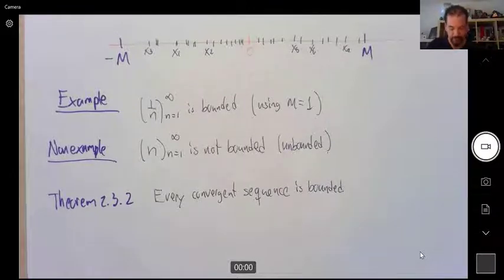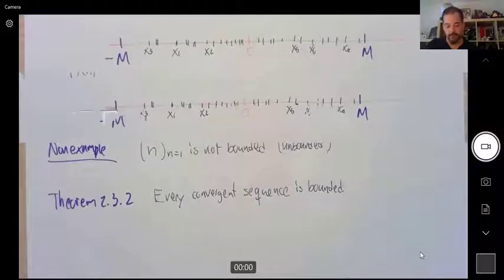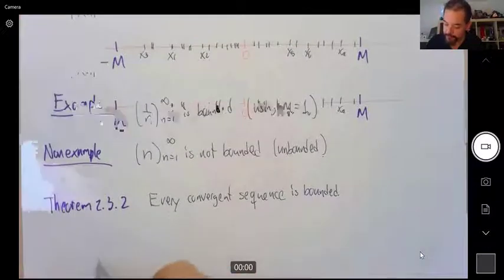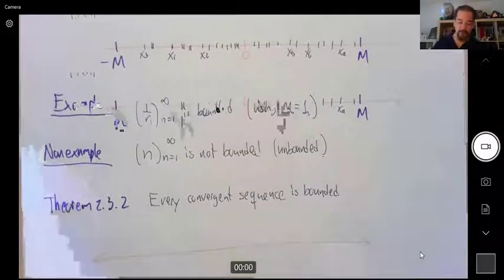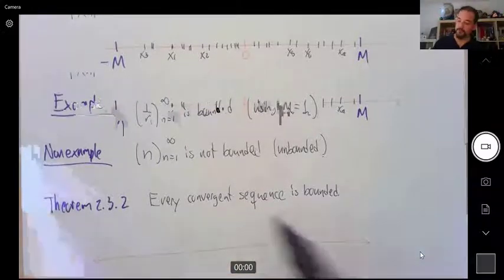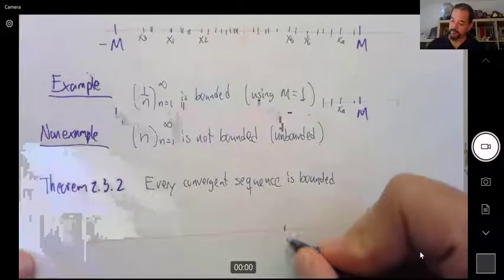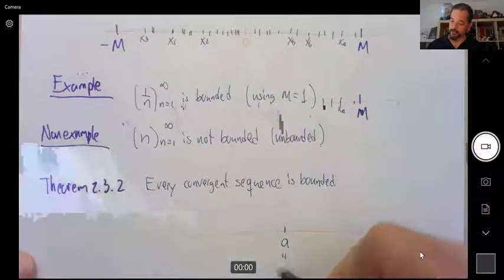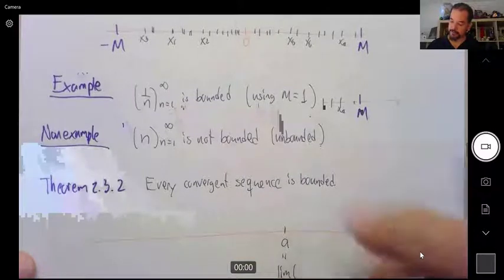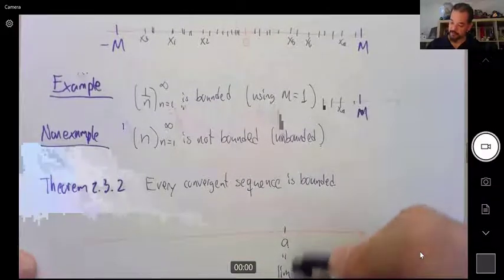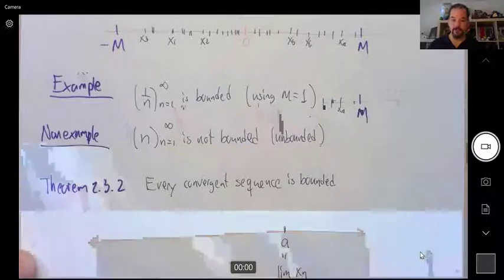And okay, let's at least talk about the idea. Maybe we'll do the write-up next class. Well, what is the idea here? Let's draw a picture. How could we prove this theorem? Well, here's how. We have a convergent sequence, right? So if it's convergent, it must have some limit, some A. So here's A, and this is going to be the limit of the sequence x_n, right?